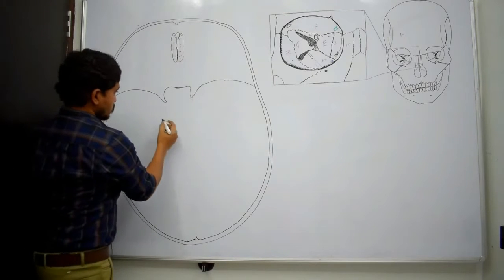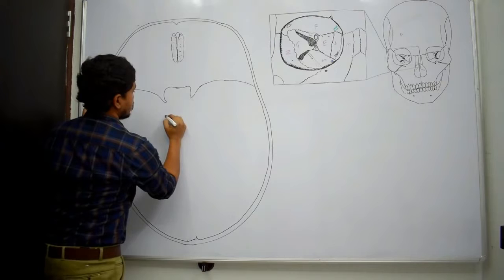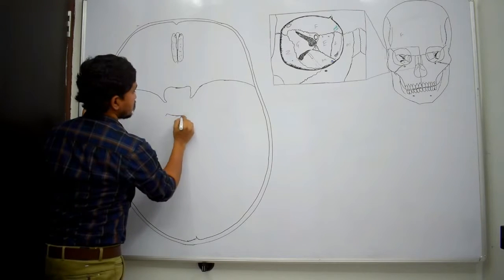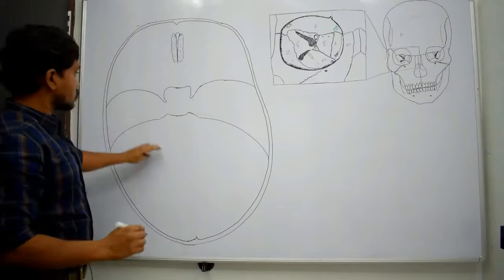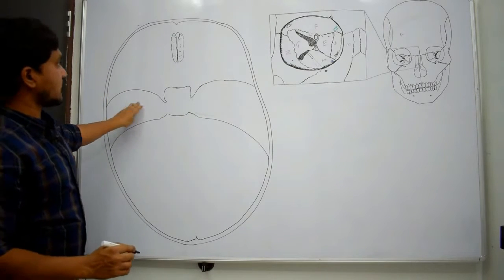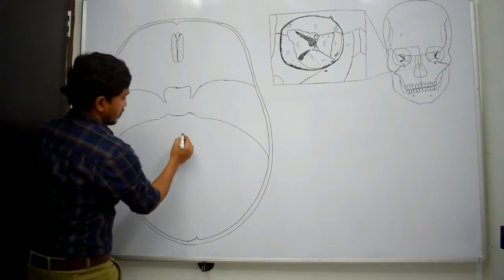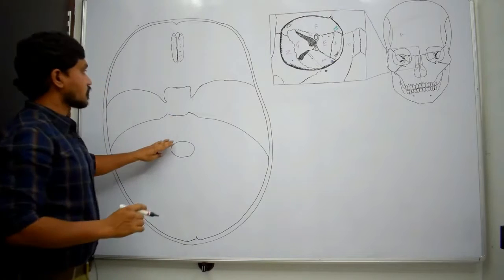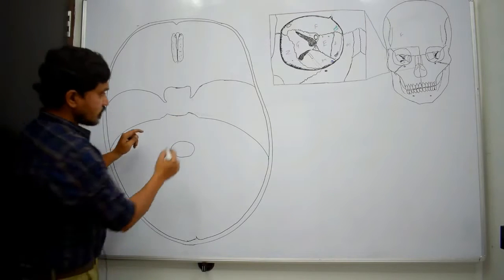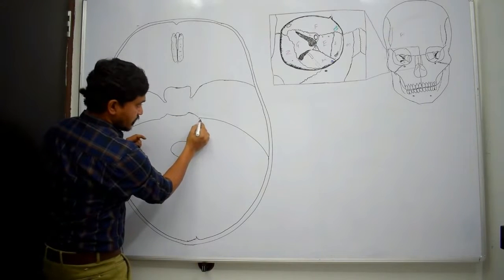Then in the posterior part, here you can see the posterior clinoid process, and this is dorsum sellae. So this is the middle cranial fossa and this is the posterior cranial fossa. Here you can find foramen magnum. This part is the petrous part of temporal bone.